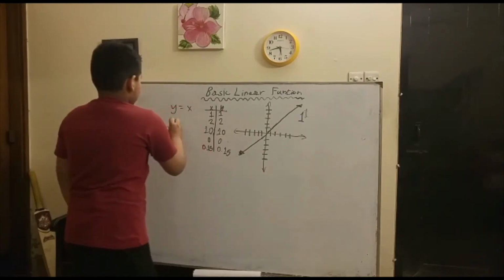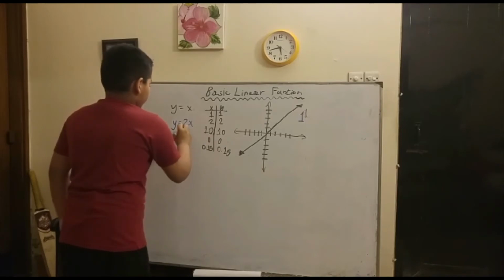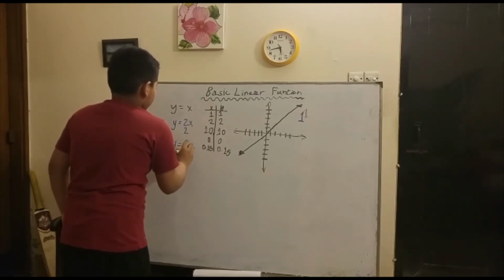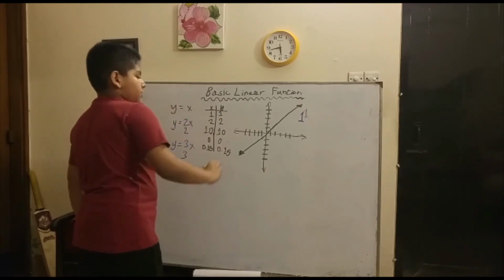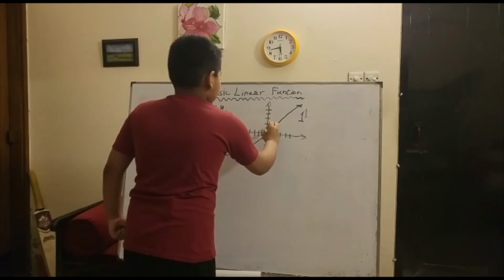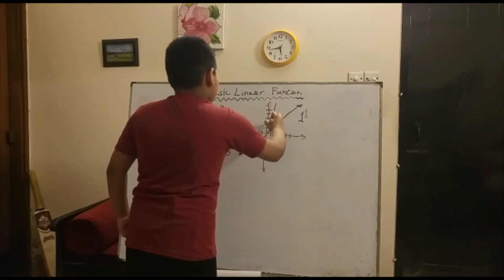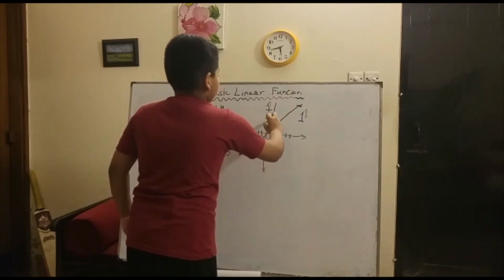Now if I used something like y equals 2x, the slope would be 2. If I used y equals 3x, the slope would be 3. Now see this function? See an interesting thing. See why it's a lot steeper than this line?